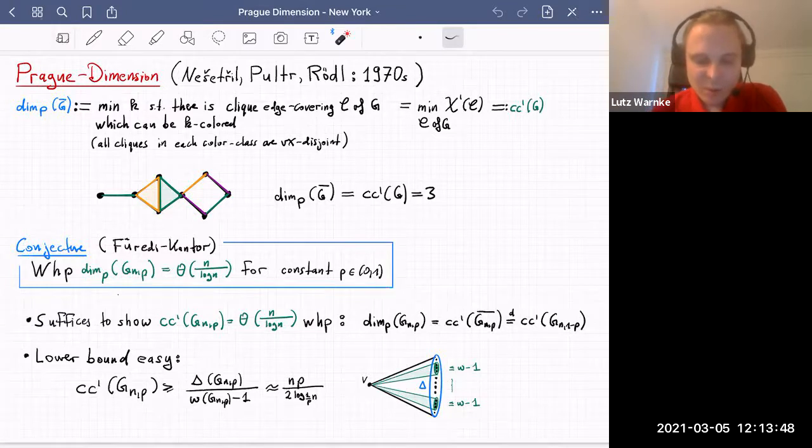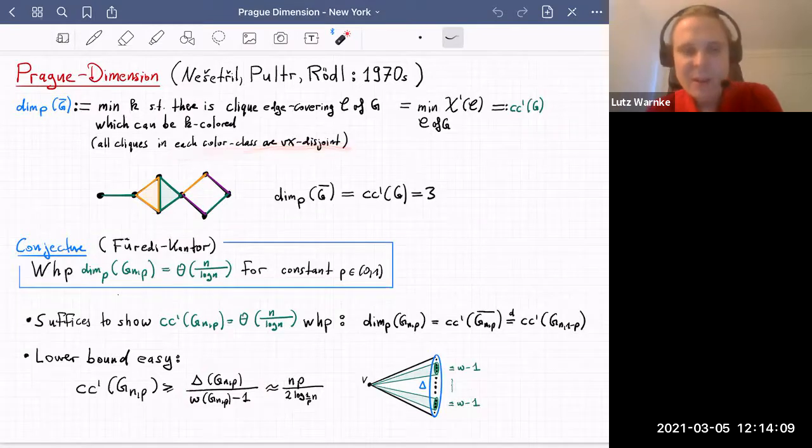Okay, so what this argument tells you is that the clique chromatic index is at least the maximum degree of your graph divided by the maximum clique size minus 1. Okay, by this argument that in any possible clique edge covering here, every vertex is contained in at least so many cliques, and we know that all these vertices contained in one particular clique need to receive different colors. So that's where this lower bound comes from.